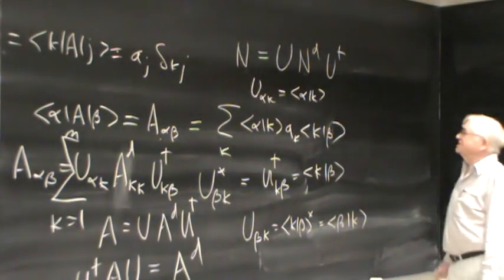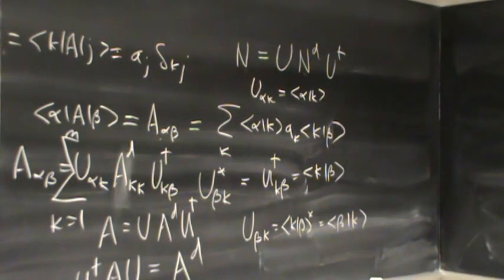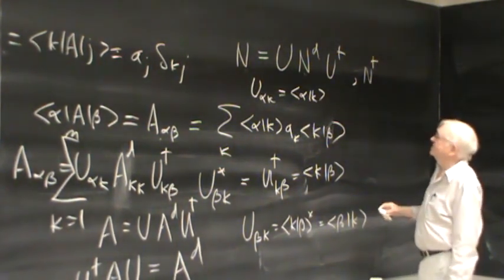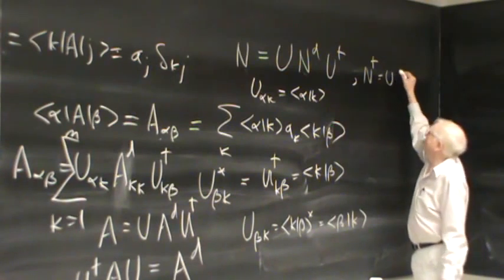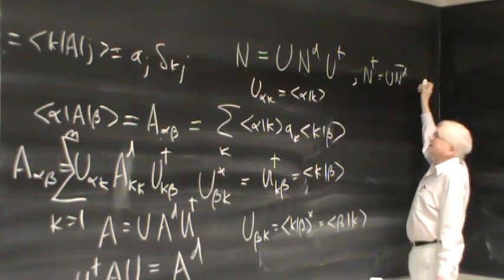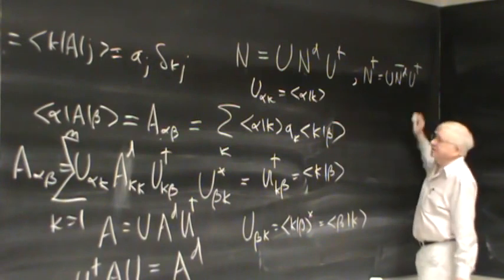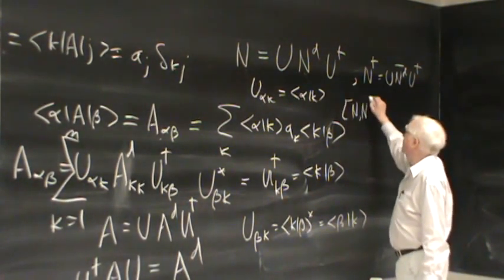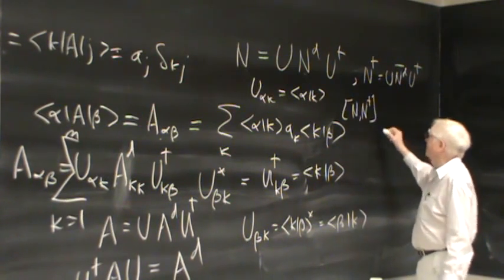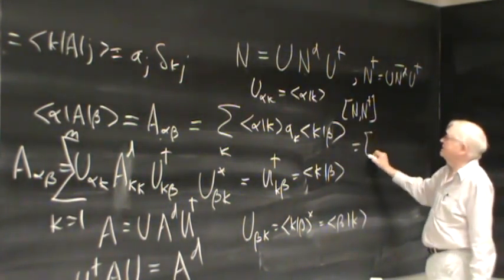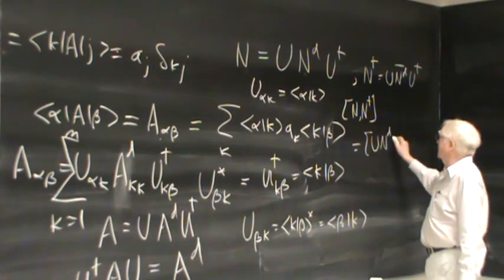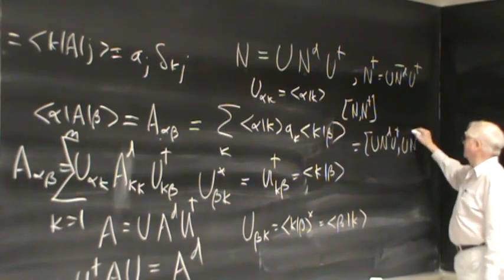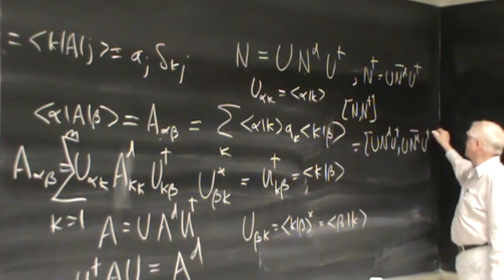And normal matrices have a very simple property, namely, if you take the adjoint of the normal matrix, what you get is U N_D complex conjugate U dagger, and consequently a normal matrix commutes with its adjoint, because this would be the commutator of U N_diagonal U dagger with U N_diagonal complex conjugate U dagger.